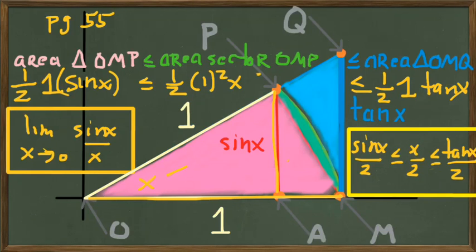So if we put the relationship between these three areas in succinct form, we wind up with this set of inequalities, and we're going to look at that set of inequalities on the next blackboard.